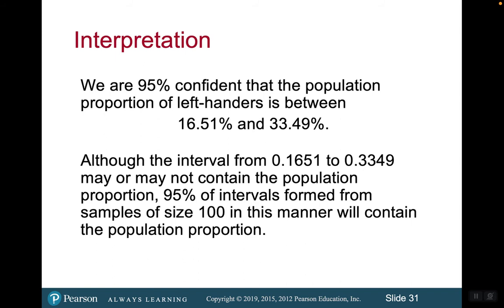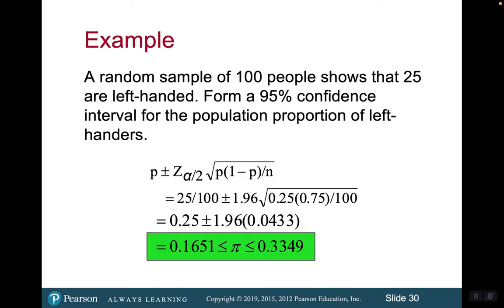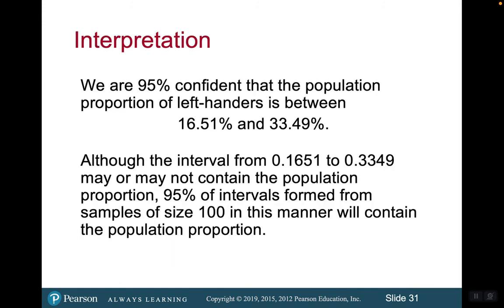Our interpretation of that is that we're 95% confident that the population proportion of left-handers is somewhere between 16.51% and 33.49%, as you can see.